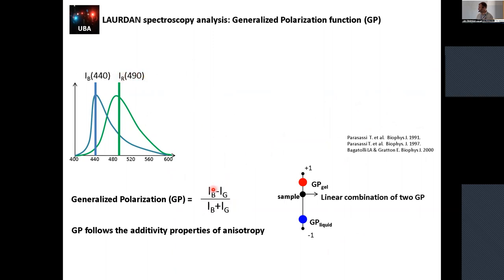And the reason why the polarization function is important here is because we have in the denominator the total intensity, and this gives you additivity properties of the polarization. So we can then quantify different fractions of one or the other. If you do this ratiometric, for instance, you cannot do this because these properties will not be kept.